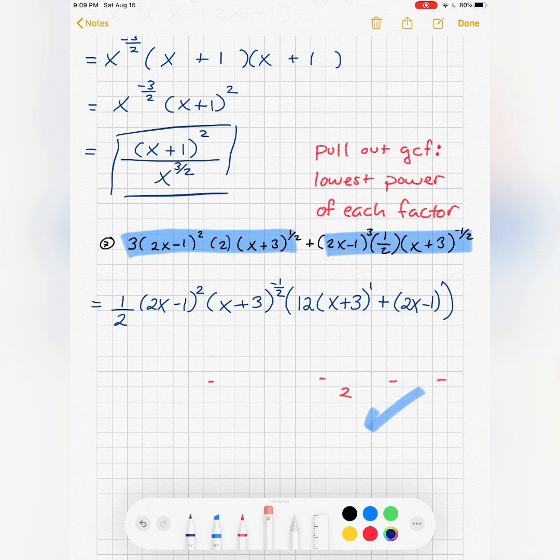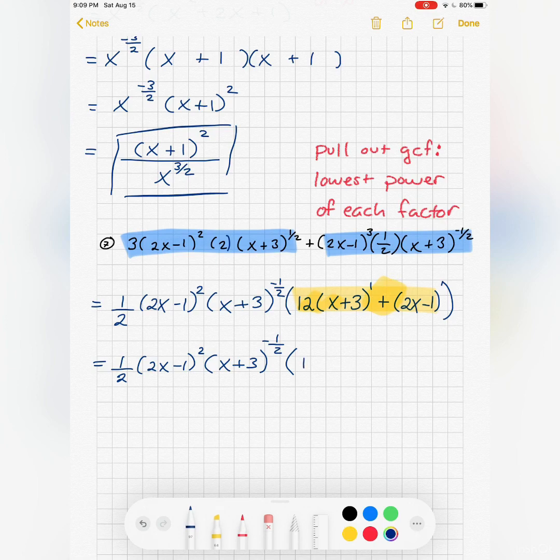Then I just have to look and see if there's anything else I can do inside here. I already have my factors. See how these are all already multiplying in the front? Those are all already factors. Versus inside the parentheses here, see how I still have this addition? So I probably want to distribute.